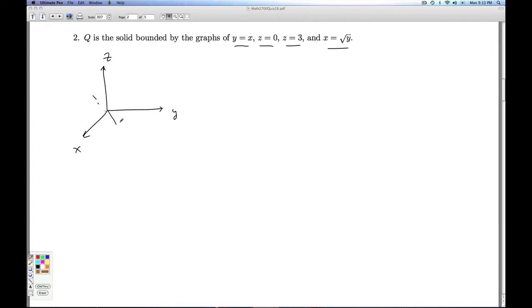But the z is free, so it's actually going to generate a plane. Z equals 0, that's another name for the xy plane. Z equals 3, that's the xy plane shifted up 3 units. And x equals square root y, well, that's the same as y equals x squared. And it's going to come out like that.